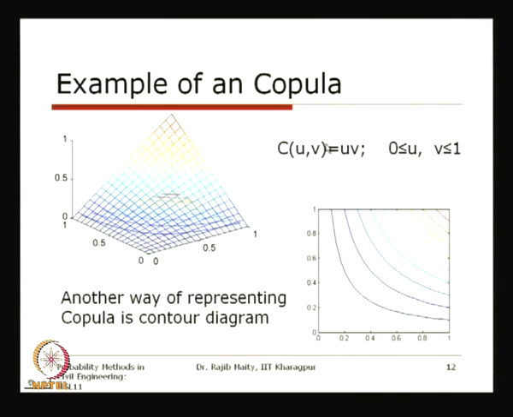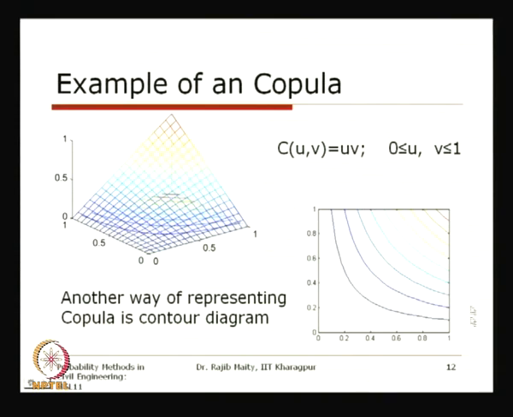So, this is a copula function satisfying its required properties, and the function looks like this surface that you can see here. Another way of representing the copula is the contour diagram, which is shown like this, where you can see different contours shown with a color bar.